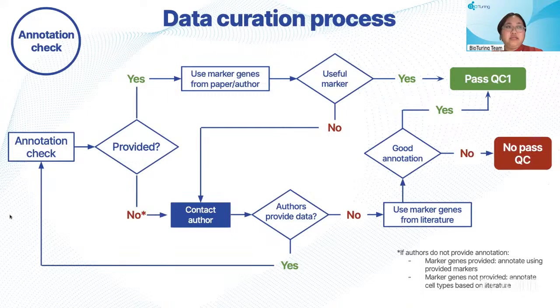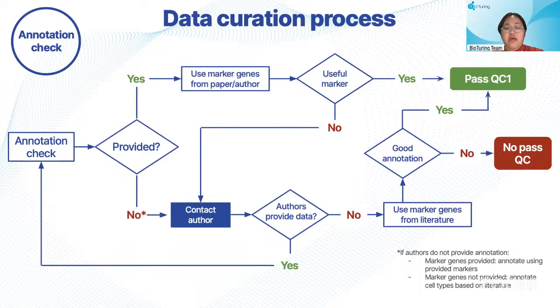In that case, I want to highlight this part because even when the authors did not provide the annotation, there still will be annotations from the paper. There's just no detailed data for that. In that case, we will use marker genes from literature and also the marker genes that the author state in the paper to annotate the cells again based on what the author state in the paper.